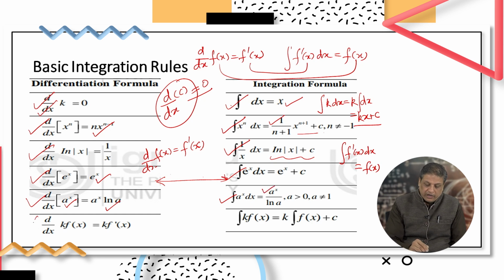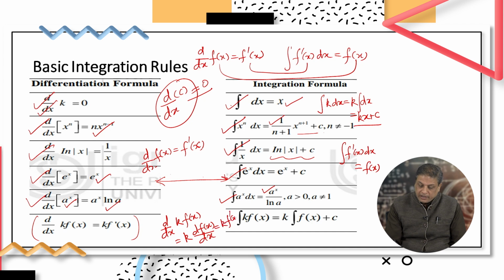And this is what we had discussed in the beginning, that derivative of a constant times f(x) is nothing but k times the derivative of f(x), that is k times f dash x. And when we apply it for the integral, then integral of k times f(x) will turn out to be k times integral of f(x) plus c.